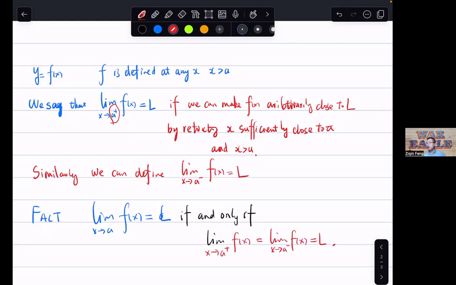If both limits are the same, then the limit exists and equals the same number. Otherwise the limit does not exist.